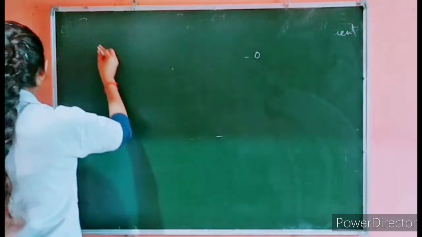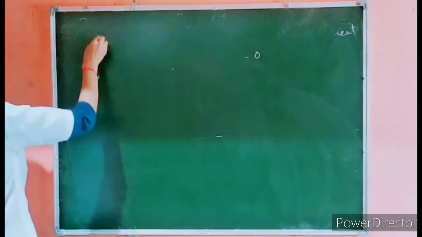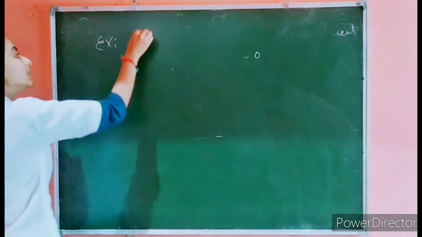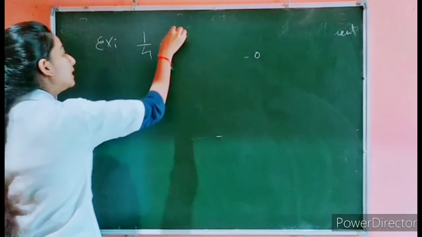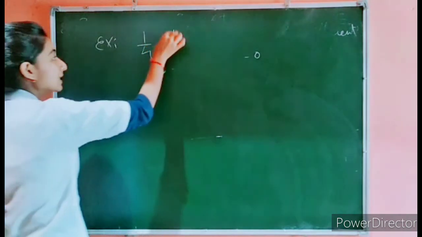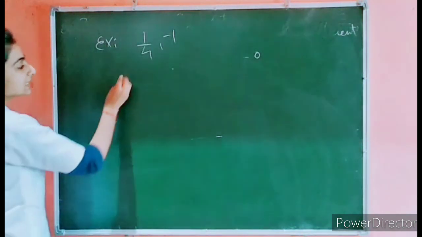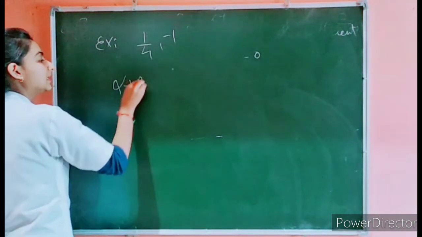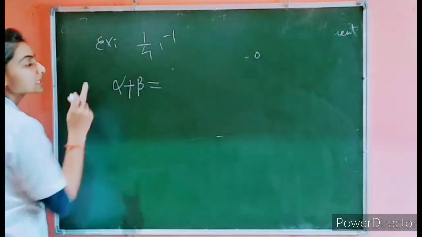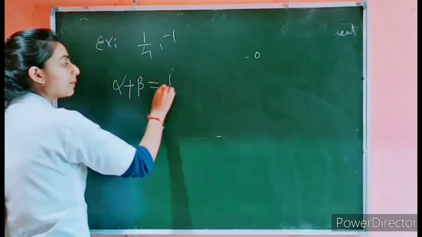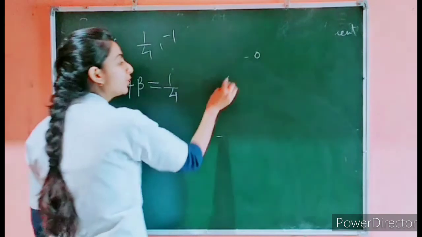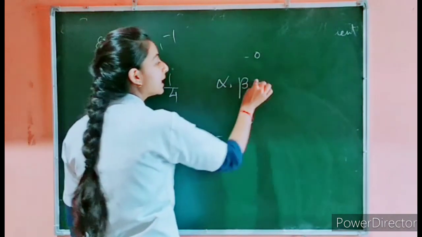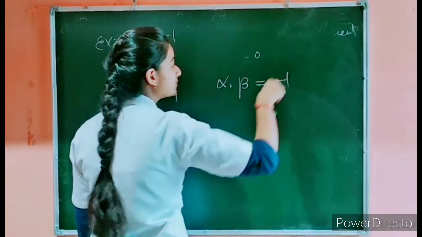Now if zeros are given, for example 1 by 4 and 1, that is minus 1. So we can consider alpha plus beta, that is the sum of zeros, will be 1 upon 4, and the product, that is alpha into beta, will be minus 1.